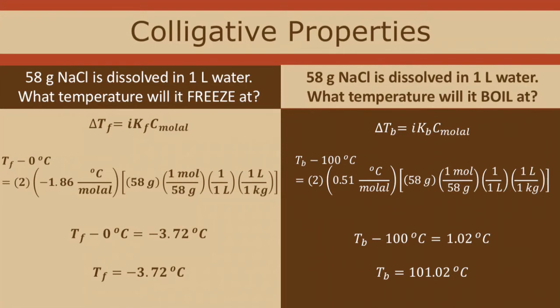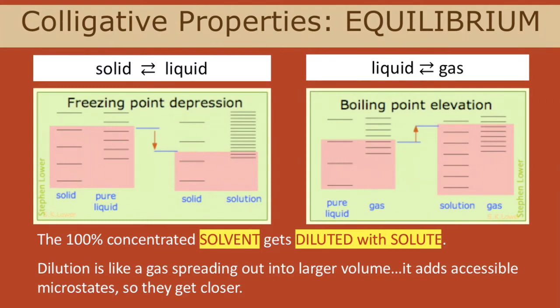How can we use entropy to explain the colligative properties? That a non-volatile solute causes a solvent's freezing point to be lowered, but boiling point to be elevated. We usually focus on the solute in solutions, like we'll focus on the sodium chloride. But this time we're going to focus on the solvent.